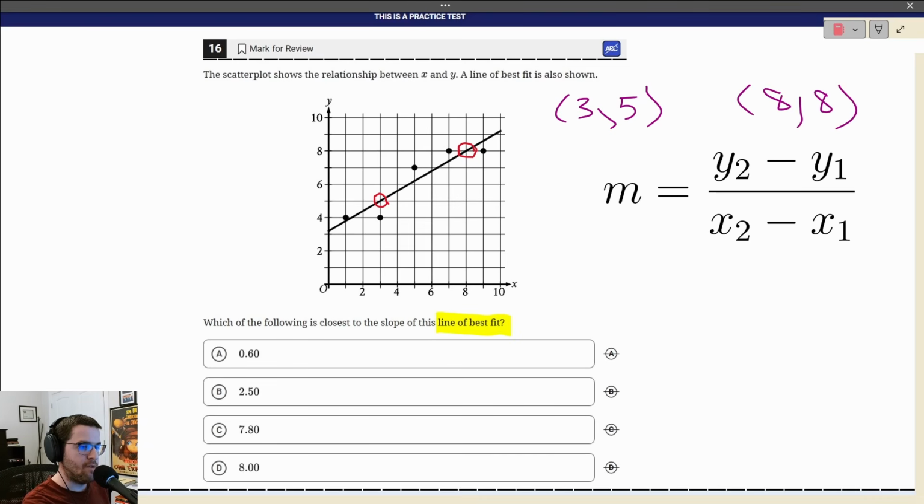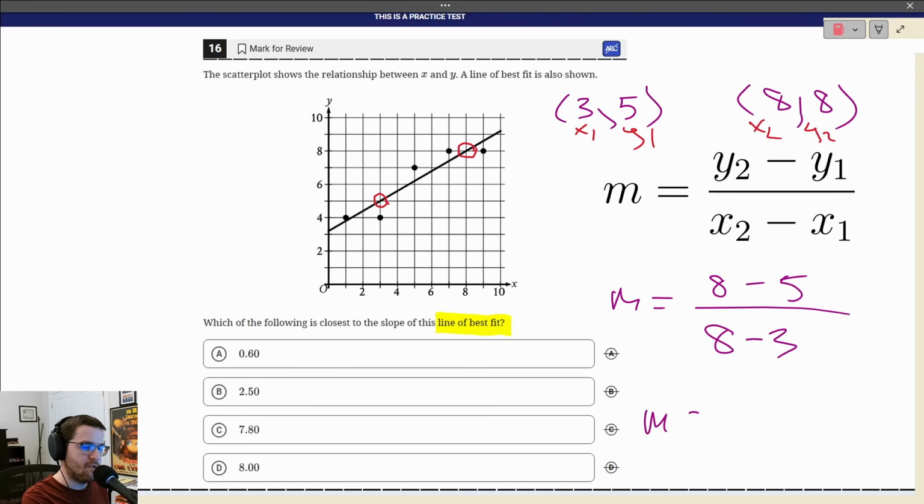And now we're just going to use the slope formula. So this is x1, y1, and this is x2, y2. So slope is 8 minus 5 over 8 minus 3. That is 3 over 5, which is 0.6. And that pretty much exactly gives us choice A.